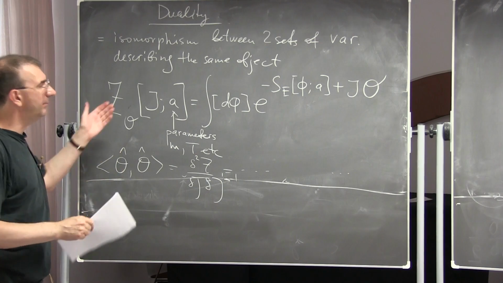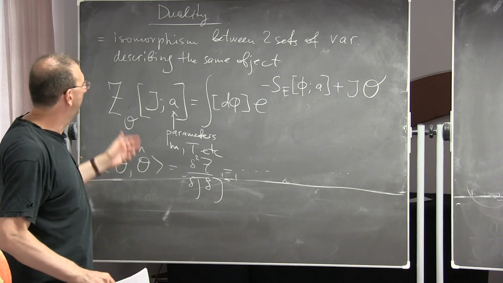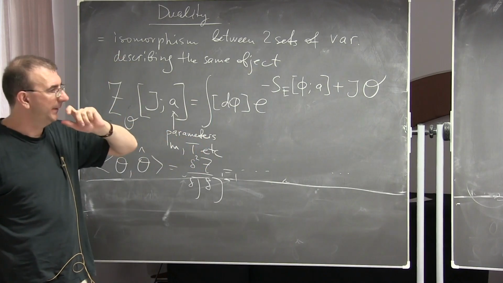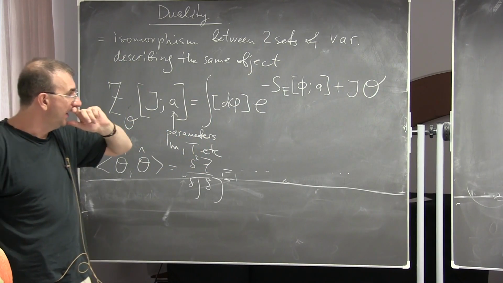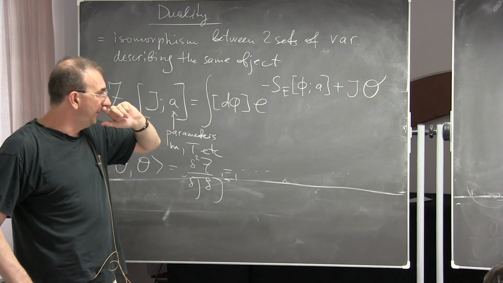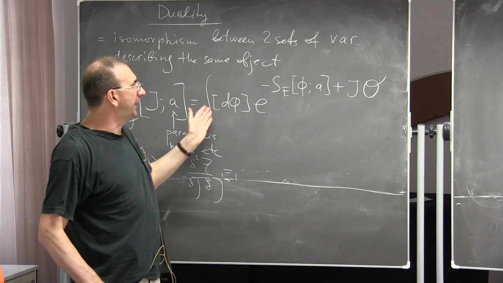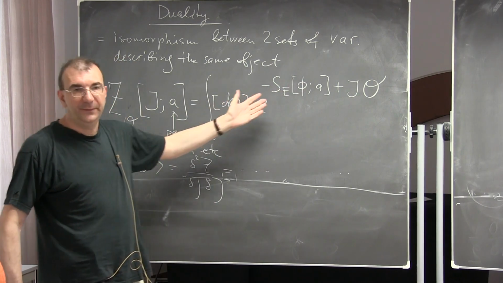So this is the scheme of things. We need to compute Z, where S, for example, is the QCD action, something like a gauge theory action. So one thing to notice about duality is that we are dealing with an integral here over fields.